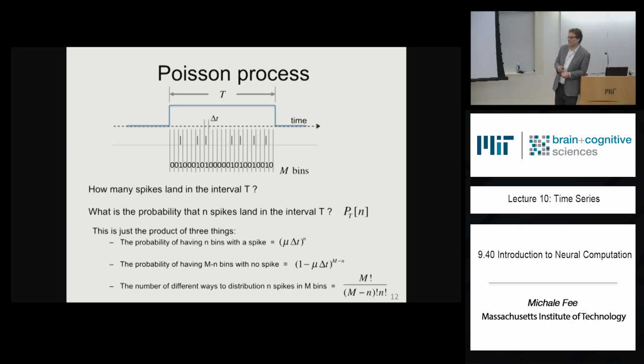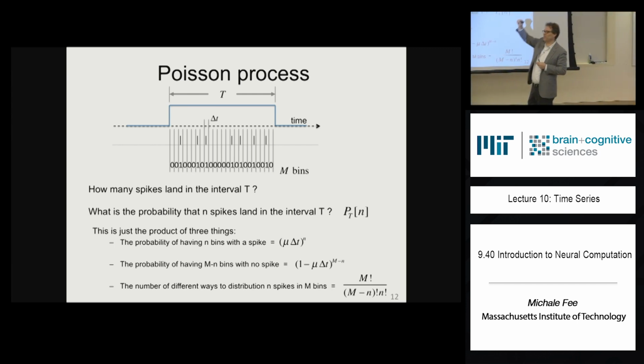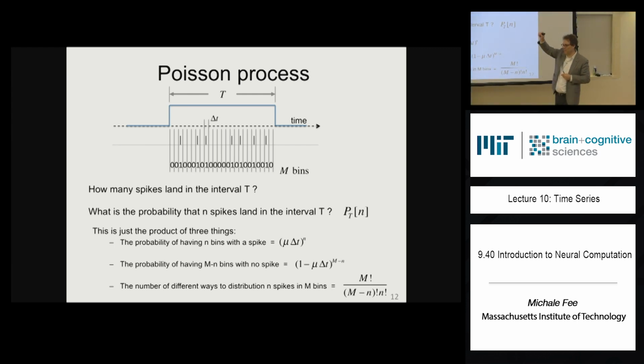So when we pick delta t, we still have to pick it big enough so that it's not less than how long it takes to spike, right? Good question. Just to clarify, we're imagining that spikes are delta functions now. We're not imagining that spikes are produced by an influx of sodium and an outflux of potassium, and it takes a millisecond.